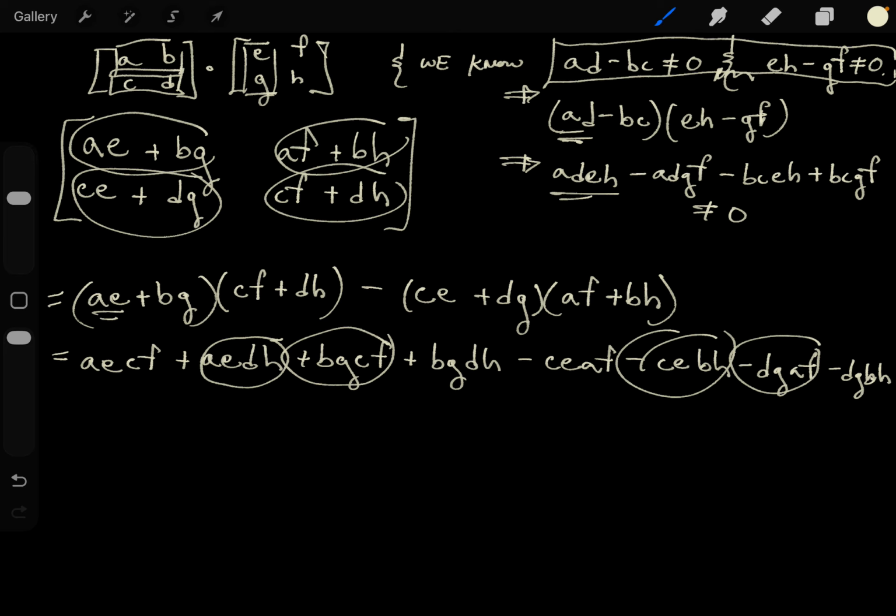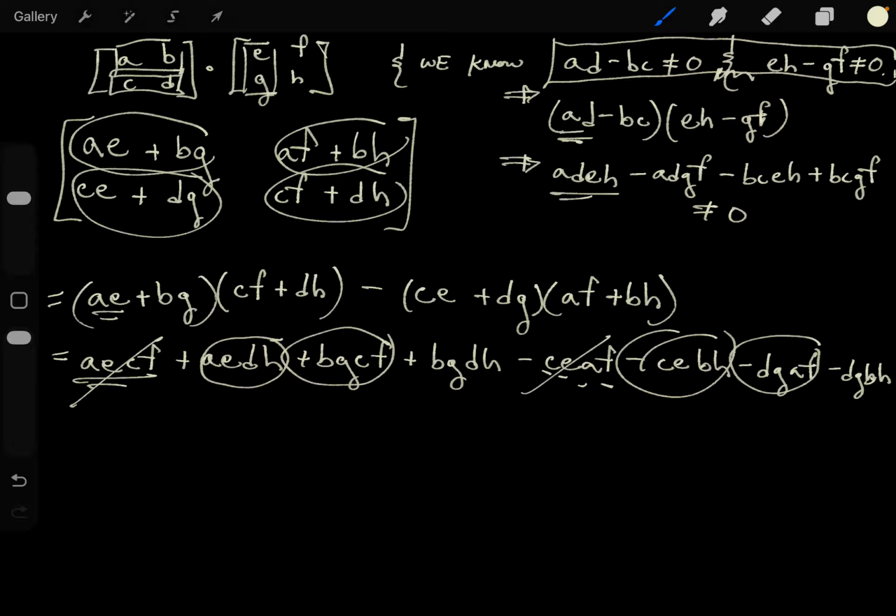Now, how do I get that the other part is non-zero? Wait, is there more than one of these things? Oh, there's another one. This CEFA and ACEF are the same thing, so these cancel. Nice.